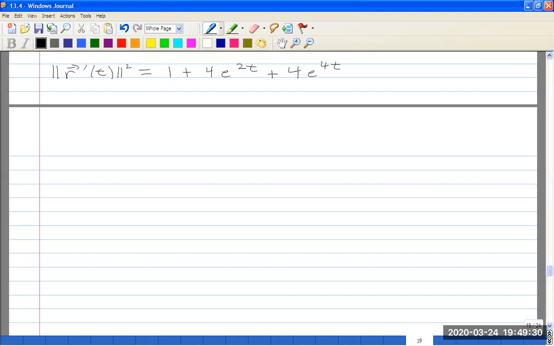So I can write this as 1 plus 2e^{2t} squared. And of course, this is going to be greater than 0. So this is just 1 plus 2e^{2t}.